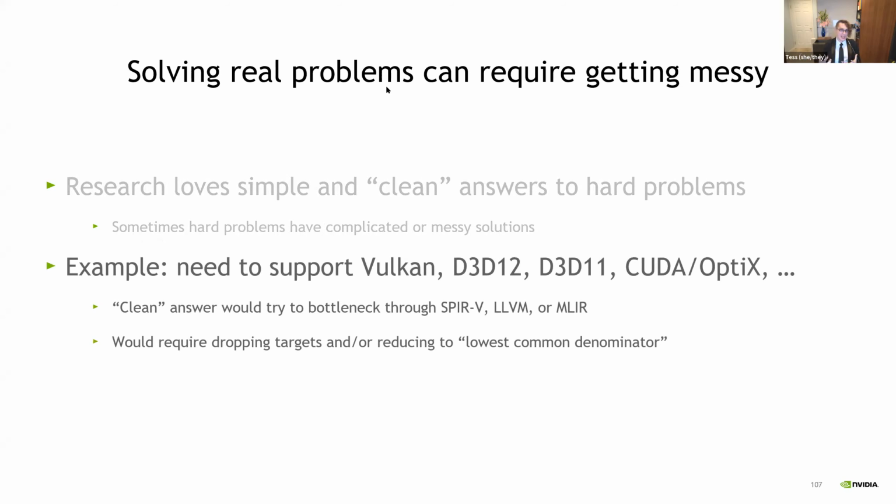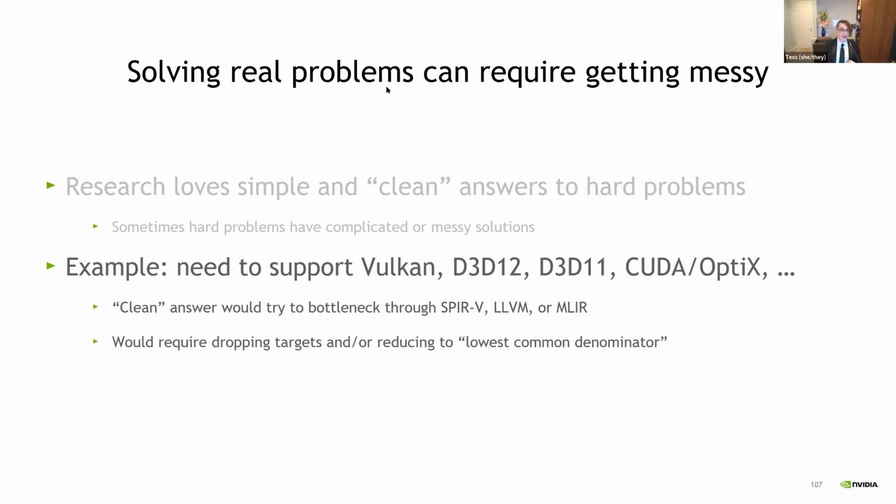I think the clean answer that a lot of people would have pushed toward would have been to bottleneck through some existing system, whether that's the SPIR-V IR provided by Vulkan, LLVM IR, or something like MLIR. But from our perspective, that would have required dropping some of the targets we needed to support, based on what the particular bottleneck we chose supported, or reducing all of the systems to some kind of lowest common denominator, reducing everything to the capabilities of SPIR-V and then cross-compiling to everything else.